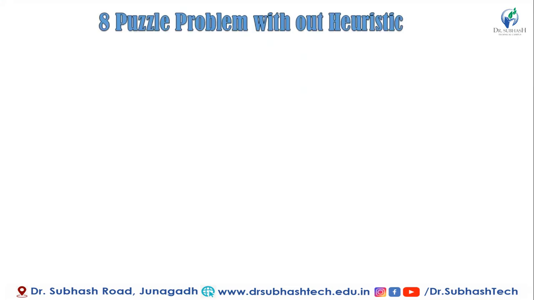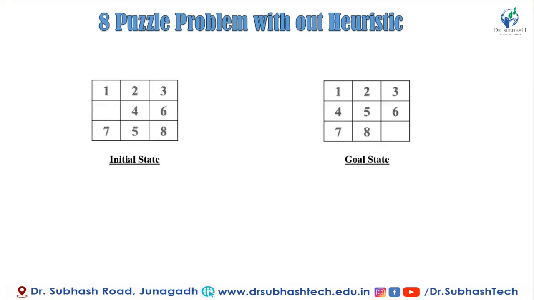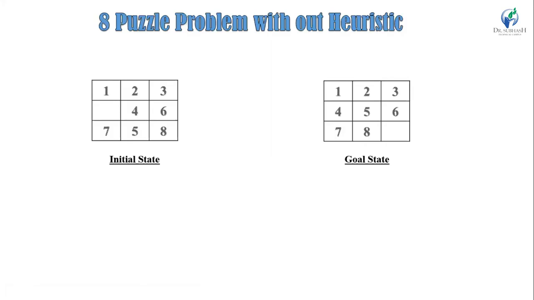In this problem, we can see we have two states: one is the initial state and second is the goal state. We have to generate moves to transfer our initial state to the goal state.